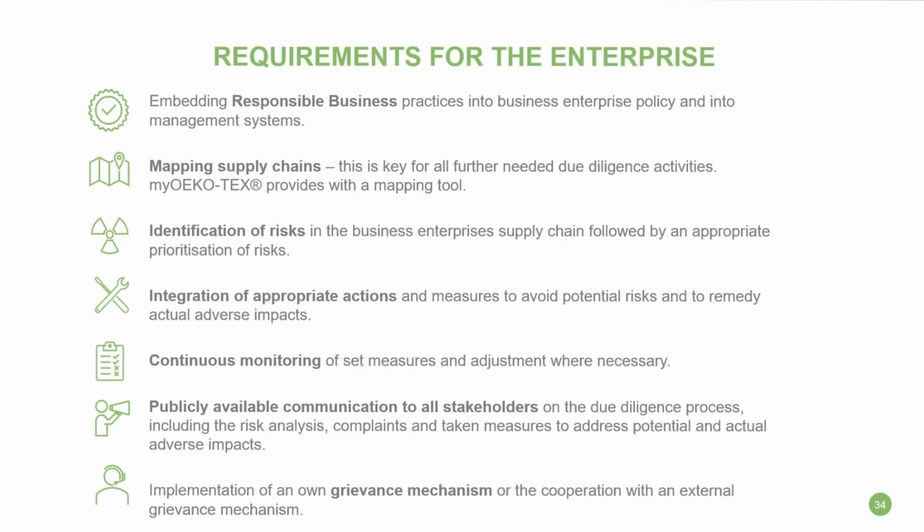Also important are publicly available communication to all stakeholders on the due diligence process, including the risk analysis, complaints, and taking measures to address potential and actual adverse impacts. And then lastly, there is needed an implementation of an own grievance mechanism or the cooperation with an external grievance mechanism.